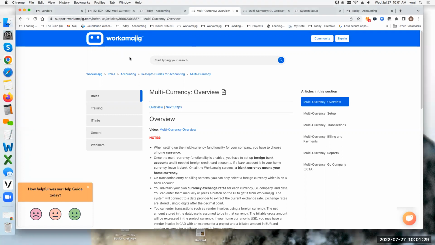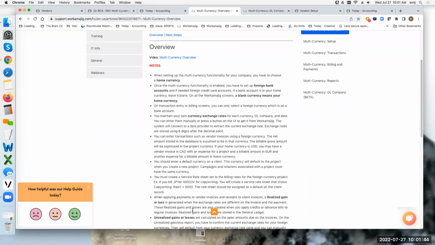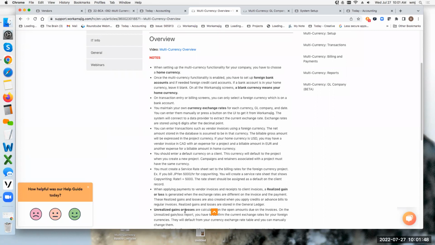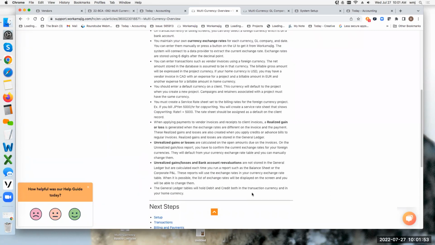So in our help guide, of course, we have a very in-depth guide on the details of multi-currency, from the overview of using multi-currency and some of the important information about currency rates and how things work, understanding realized gains, unrealized gains and losses, revaluations of accounts.